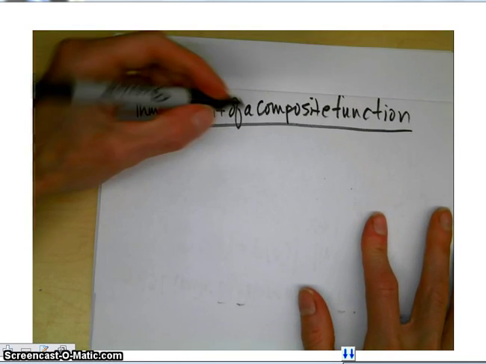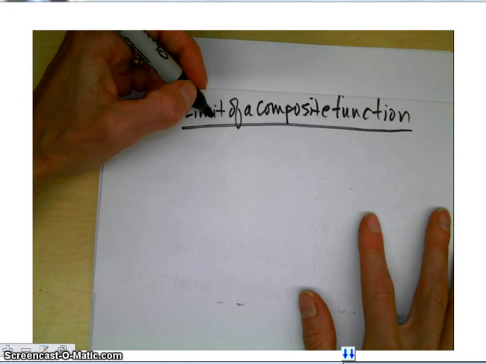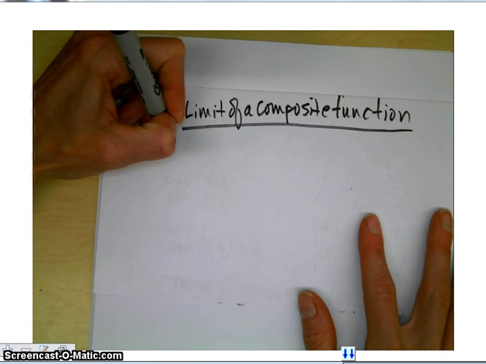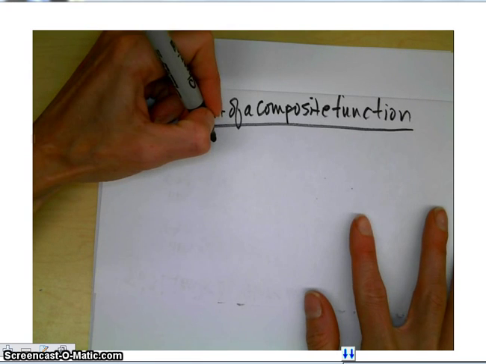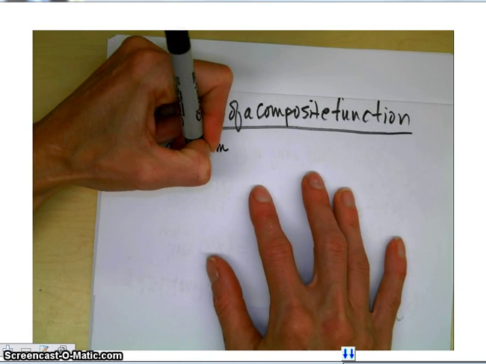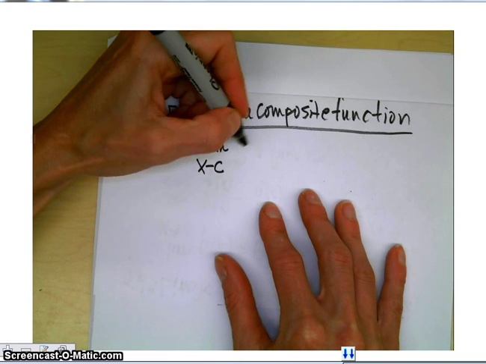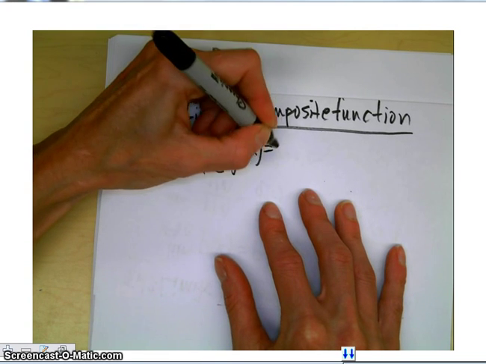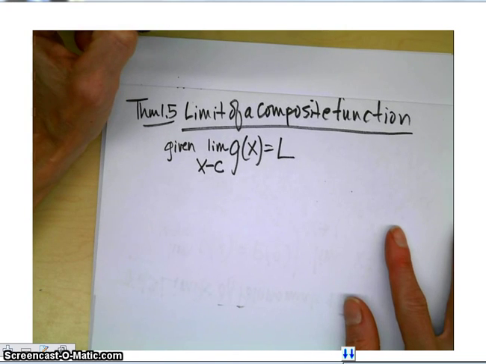A composite function is the combination of one function put into the other. So let's say I'm given that the limit as x goes to c of g of x equals L. I know that.